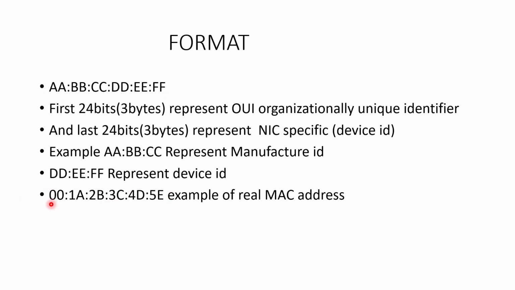So which means the first 3 bytes represent the organizationally unique identifier ama manufacturer ID, while the remaining 3 bytes represent the device ID. So for example, kama unatumia maybe simu ya brand ya Samsung, so maanake ni kwamba hiyo simu ina MAC address na the first 3 bytes kwenye hiyo simu zina represent manufacturer ID ambayo itakuwa ni MAC address ya Samsung, lakini bytes 3 zilizobakia zina represent the device ID ambayo ni simu yako, haifanani na device nyingine yoyote.